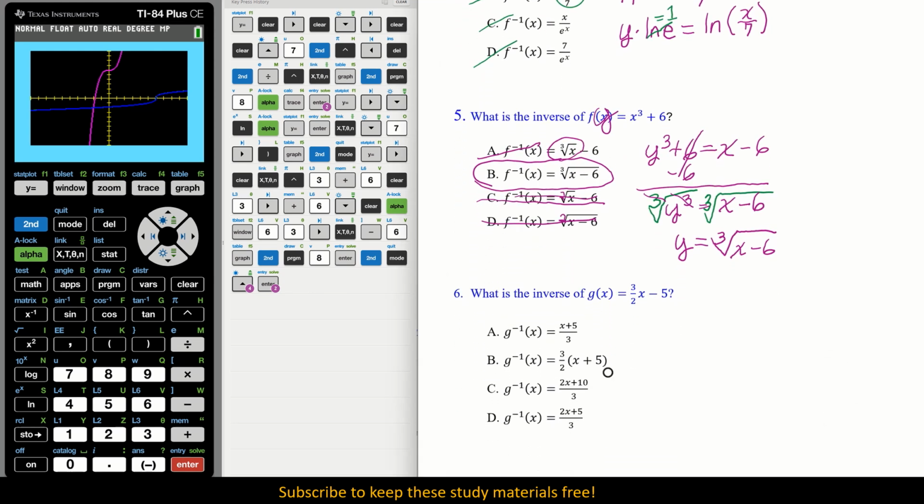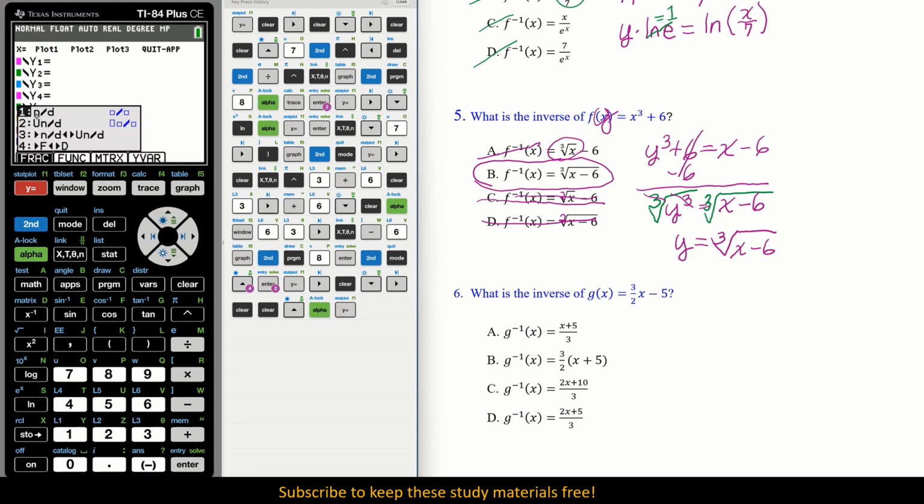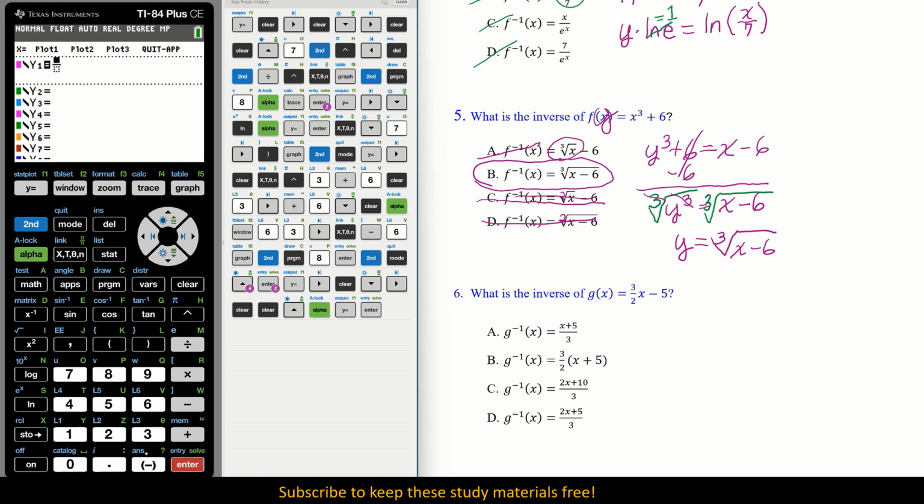Now let's look at number 6. What is the inverse of g of x equals 3 over 2x minus 5? Okay. So let's enter that in the calculator before we start solving. All right, so y equals, let's go over and clear this out, go back, and let's put in our fraction, enter, and now we have 3 over 2.